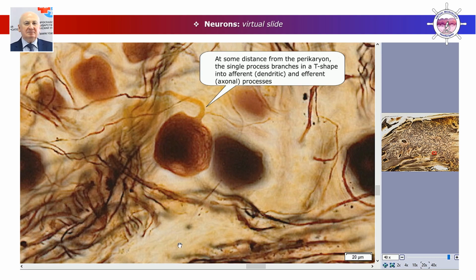At some distance from the perikaryon, the single process branches in a T-shape into dendritic and axonal processes. Therefore, such neurons are called pseudounipolar.